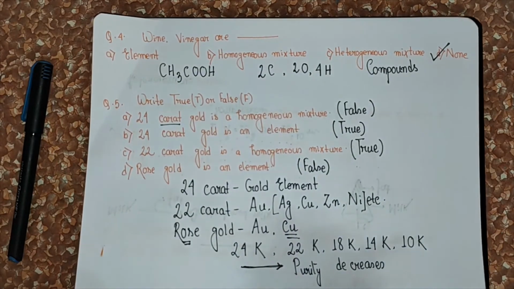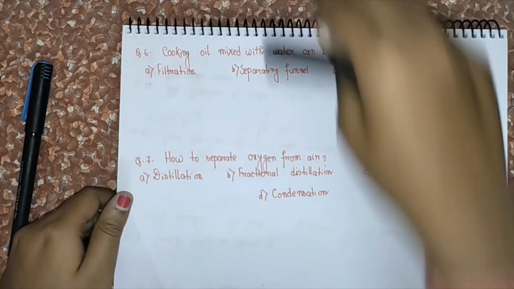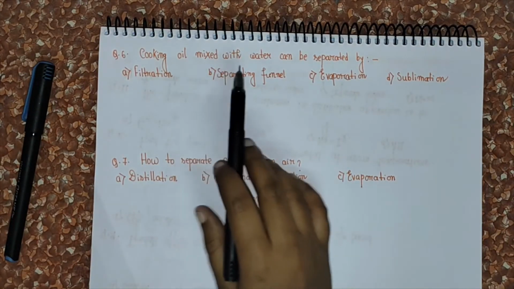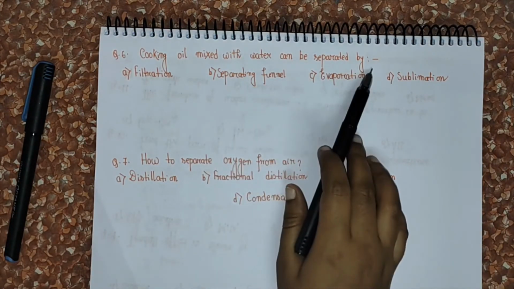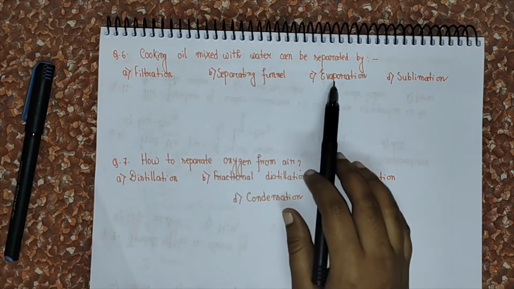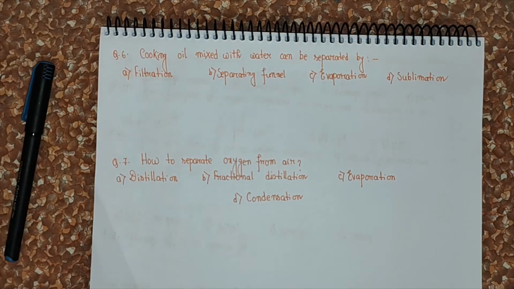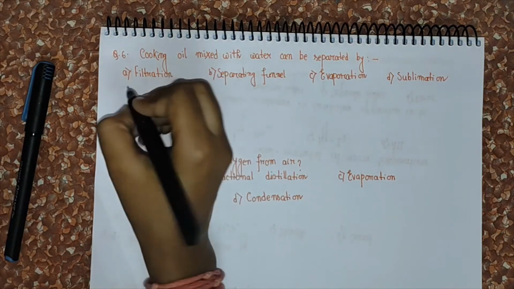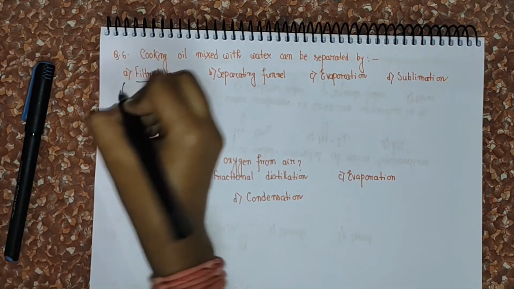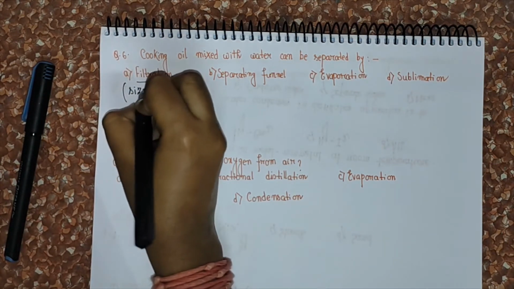So now move to the next question. Cooking oil mixed with water can be separated by filtration, separating funnel, evaporation and sublimation. So when can we apply filtration? We can apply the filtration technique if the sizes are different.